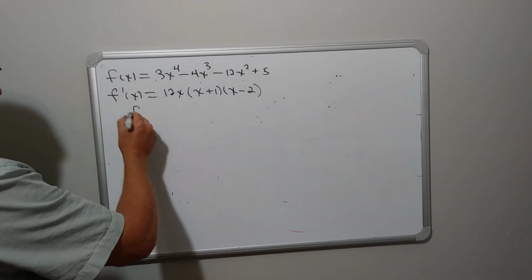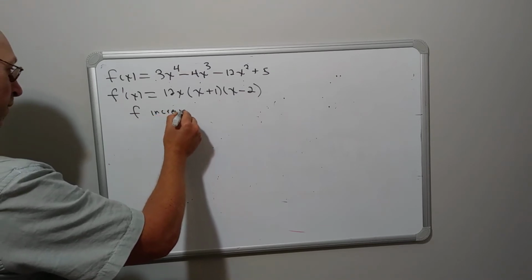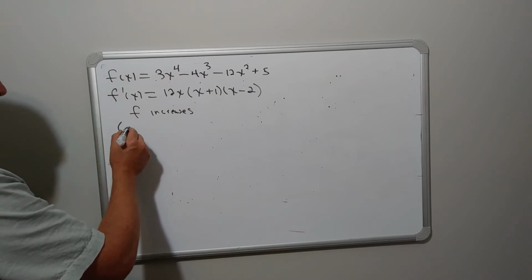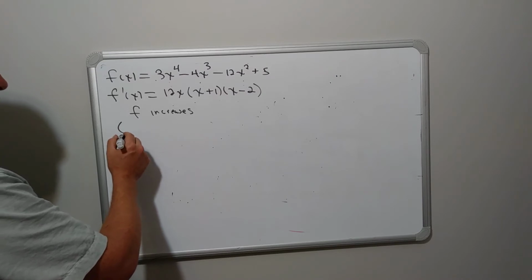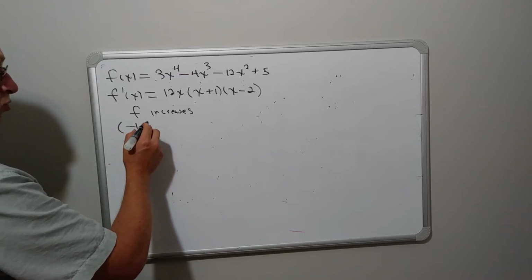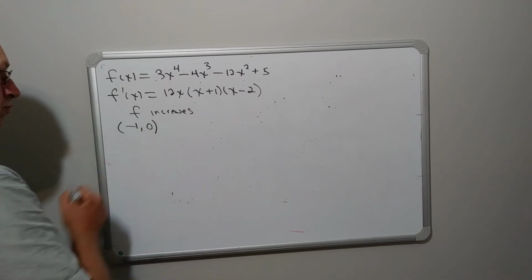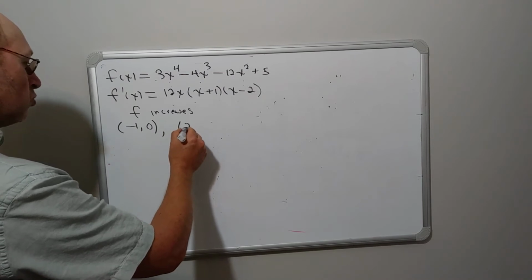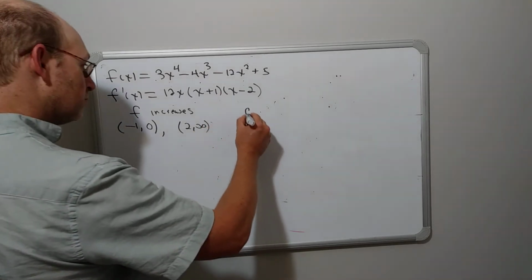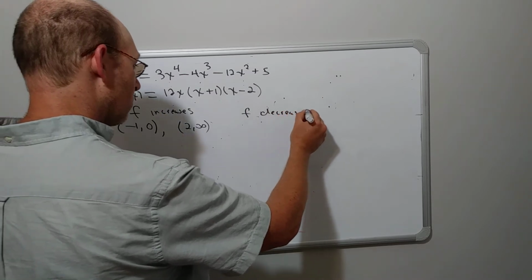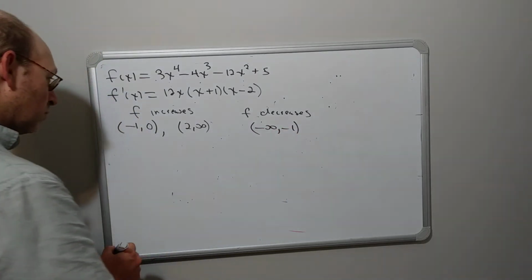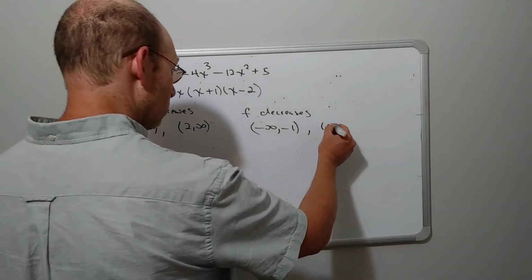And we said f increases from -1 to 0, and from 2 to infinity, and decreases from minus infinity to minus 1, and between 0 and 2.